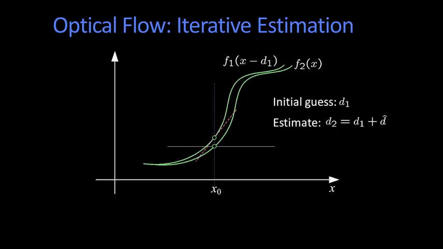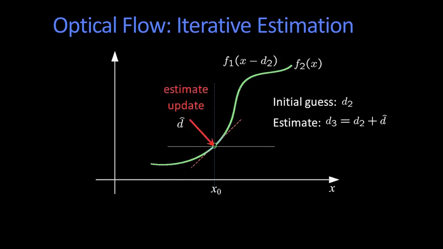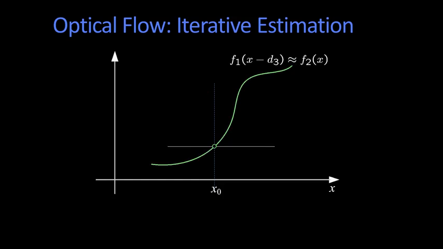And guess what? I have to do it again. So now I take a look and say, I have to move this amount. So I add that to my d, and I move it that much. And guess what? I do it again. Estimate tiny little d hat this time, and voila, it turns out that f1 of x minus d3 is almost exactly f2 at this point.